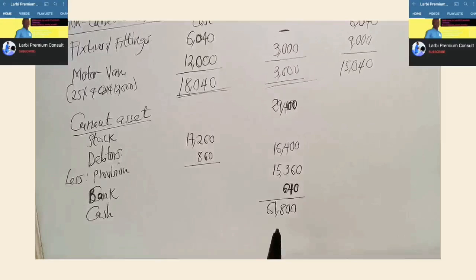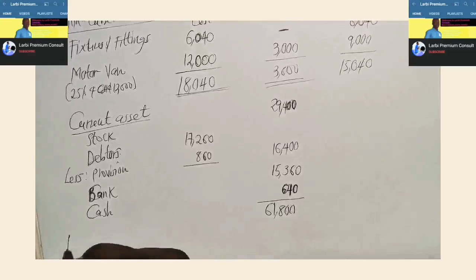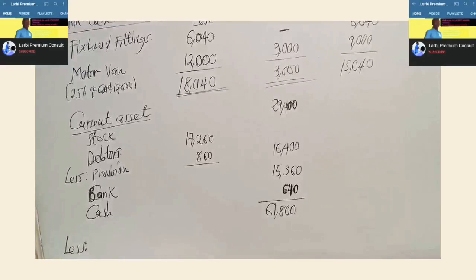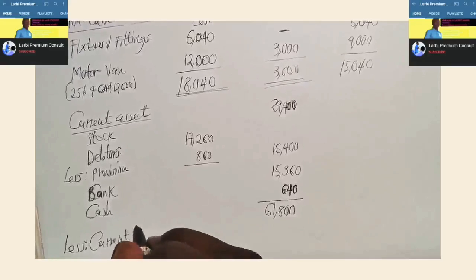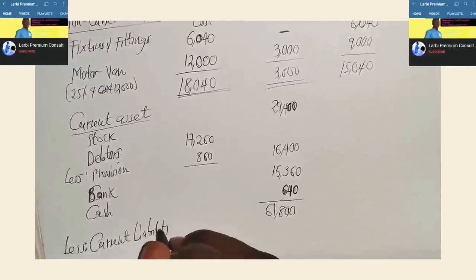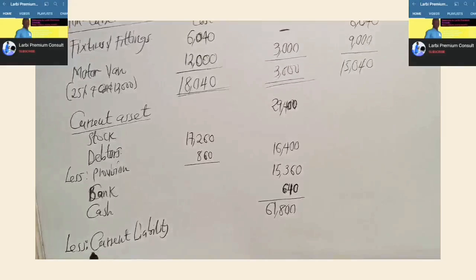So after getting this, then you less your current liability. Remember, we are using assets minus liabilities equals capital. Okay, that's what we are using. So let's take note of that.